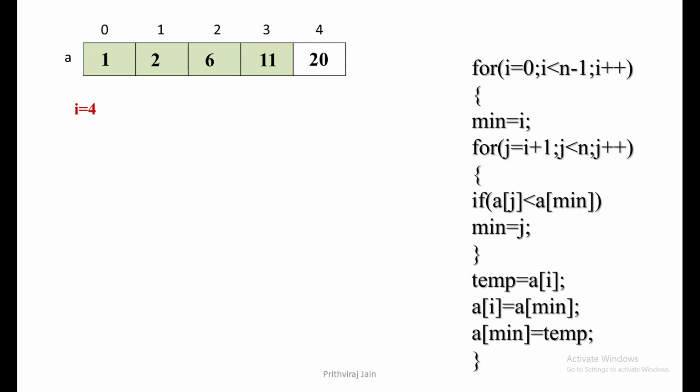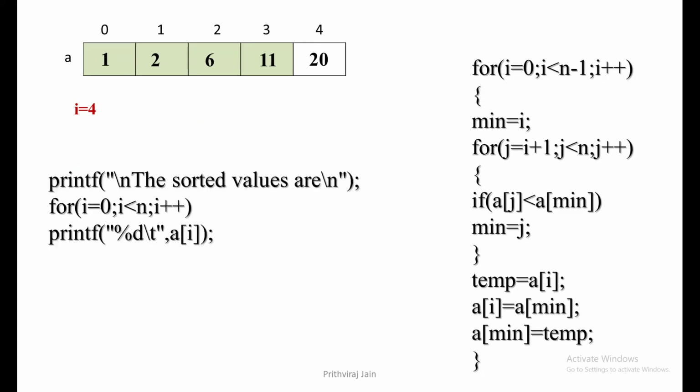Next, i is equal to 4, but as per the outer loop, the i value should be less than n minus 1. So in that case, 4 less than 4 is false, so the i loop will terminate. And after terminating the i loop, finally we are printing the sorted array values.